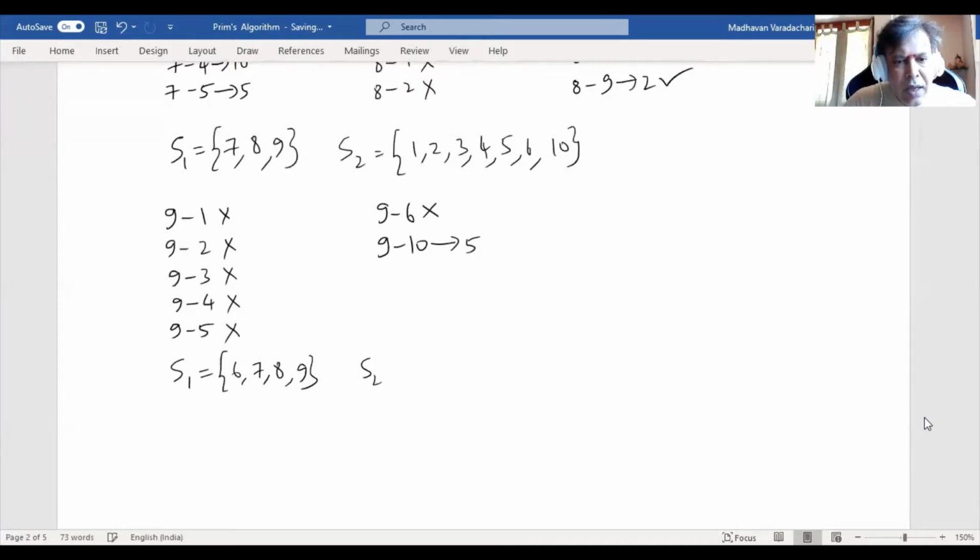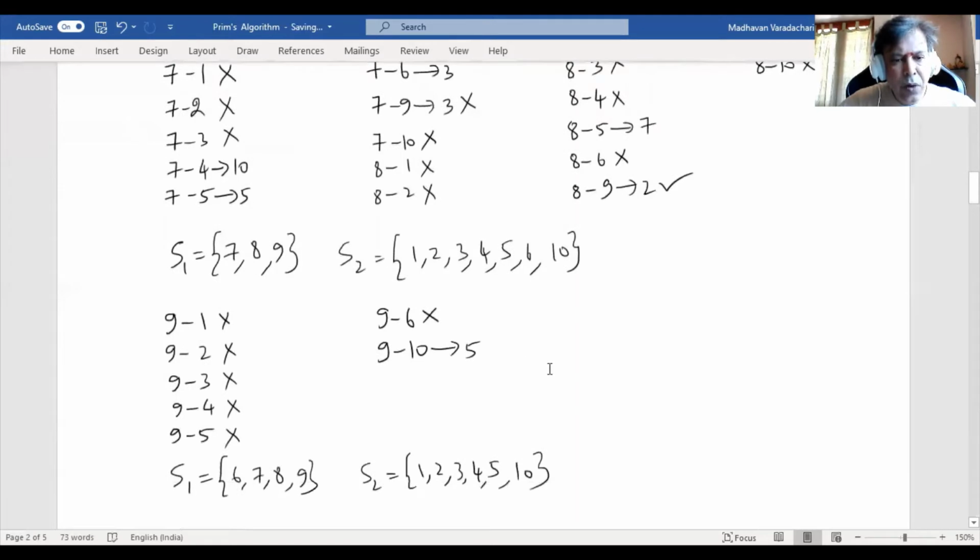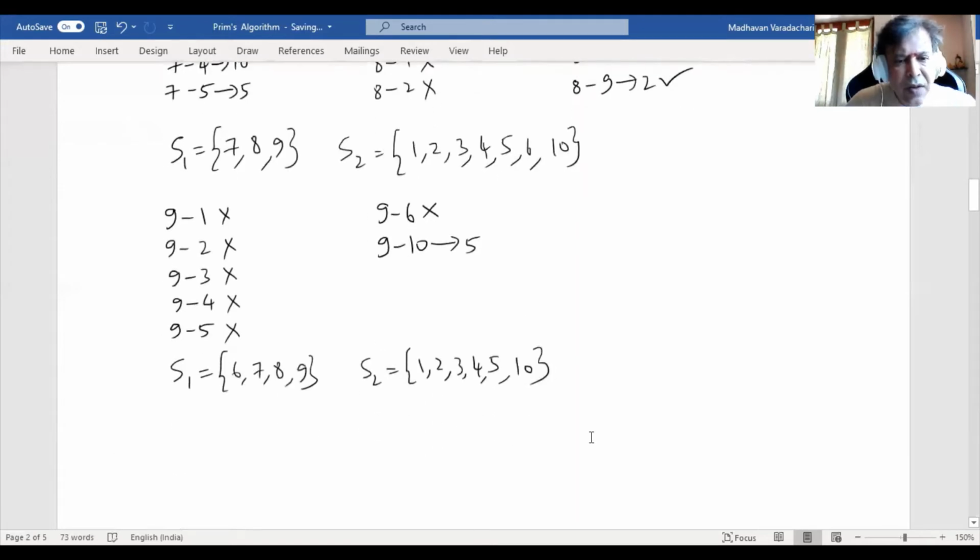So S2 will have the balance 1, 2, 3, 4, 5, and then 10. Already we wrote for 7, we wrote for 8, we wrote all the possibilities. 9, we wrote all the possibilities. Now we have to write only for 6. So 6 to 1, 6 to 2, 6 to 3, and then 6 to 4, 6 to 5, 6 to 10.